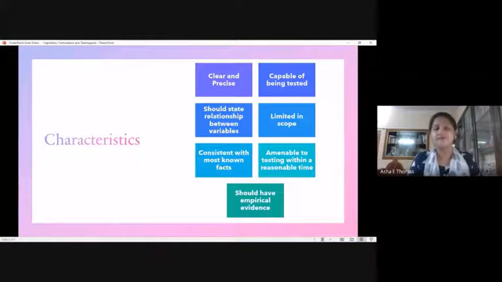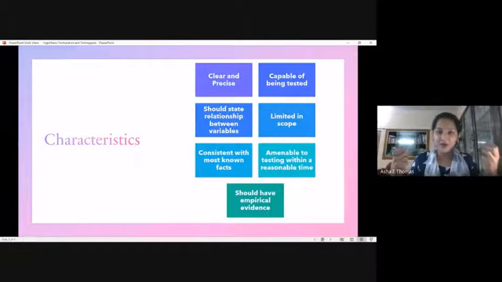And then, as I said in the beginning, capable of being tested. If the variables cannot be expressed in quantitative terms, it may not be possible to test them. Yesterday we discussed qualitative facts being expressed in quantitative terms by giving them values.